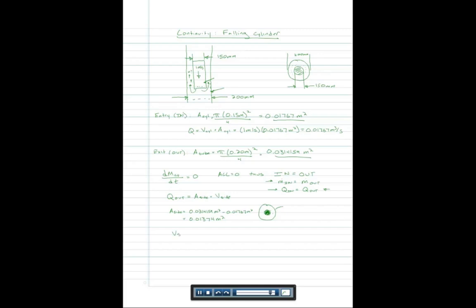And so the velocity through the side will be the flow rate, in equals out here, divided by the area on the side: 0.01767 meters cubed per second divided by 0.01374 square meters. So the velocity is 1.29 meters per second. And that's how quickly the water, on average, is going around the sides. That's the average velocity of the flow as it shoots past the side of that falling cylinder.